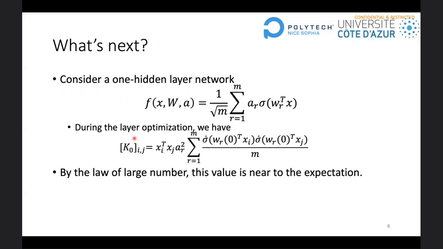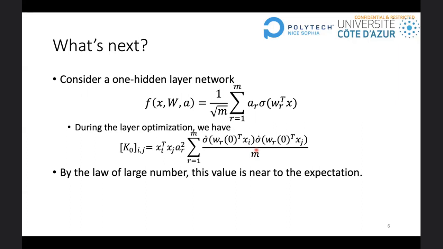Then imagine we use a one hidden layer network to train the Wine Quality Red dataset, where M here is the width of the layer. In other words, we have M hidden neurons. During the optimization step, we have an equation with only M in the denominator.